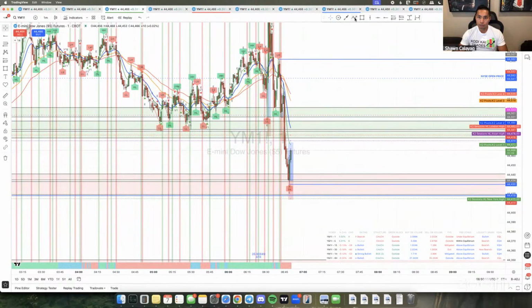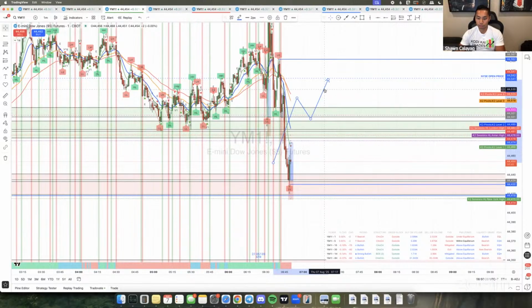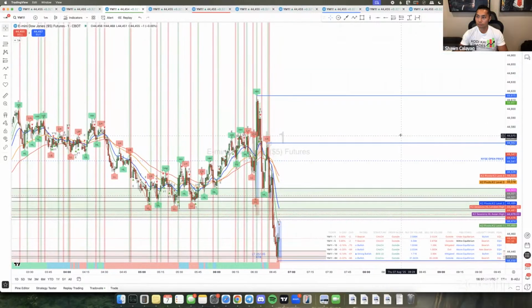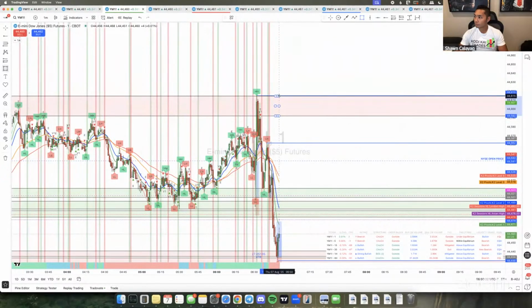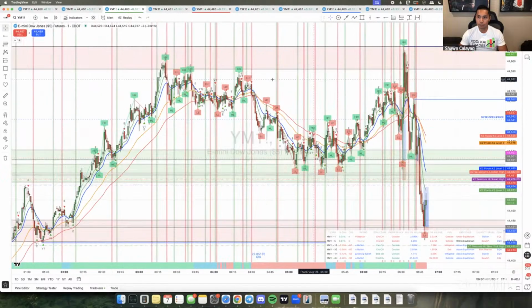What I'm going to look for here is for price to break past this area and continue pushing up from here. We got a structure up there.